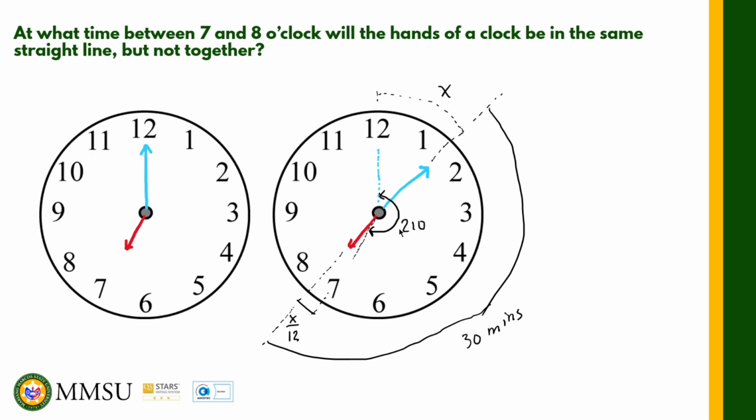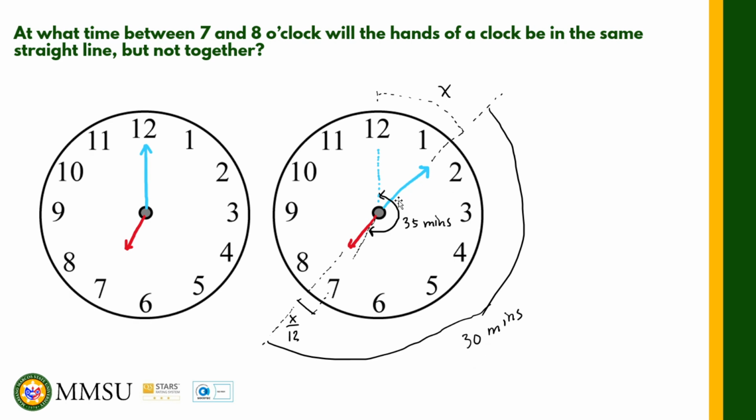Or since we are talking about minutes na lang, so this is 35 minutes, tama? So from 12 to 7, that's 35 minutes. Okay? So ano pang alam natin? So alam na natin yung tatlong yan. Bali, apat, the x over 12, the 35 minutes, and the 30 minutes. So we can formulate an equation using this one.